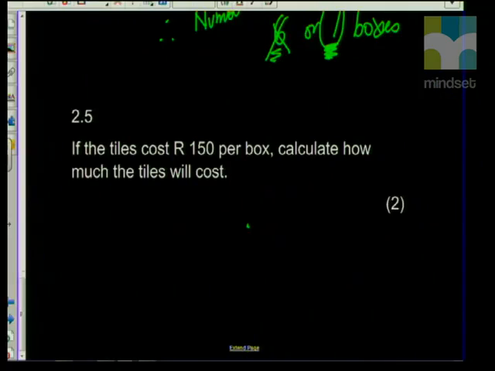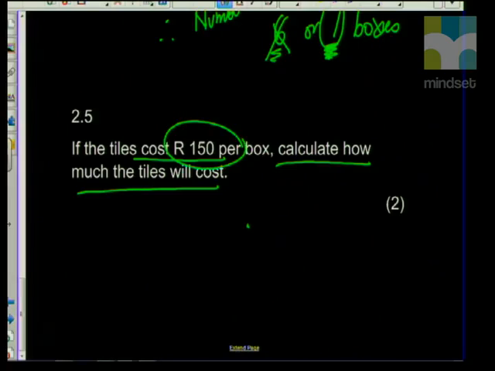Right, and then the last part is that you need to explain and calculate the cost. If each box cost 150 Rand per box, calculate how much the tiles would cost. So if one box costs 150 Rand, I have now bought 7 boxes, which I now need to times by that 150 Rand.